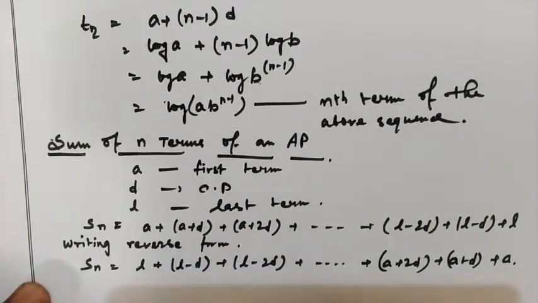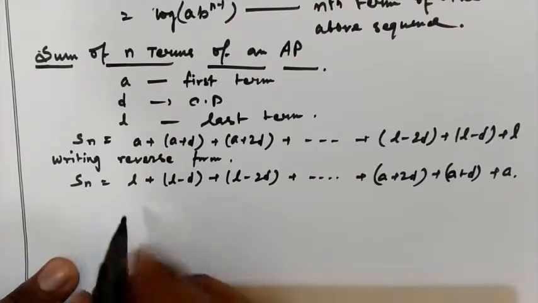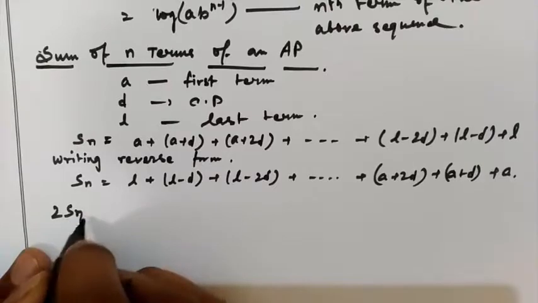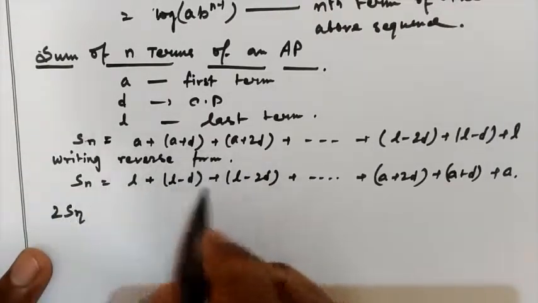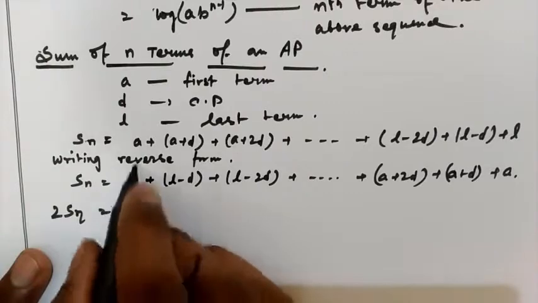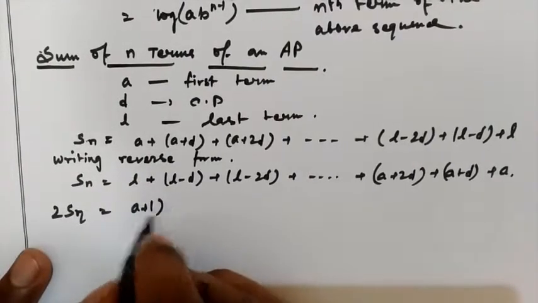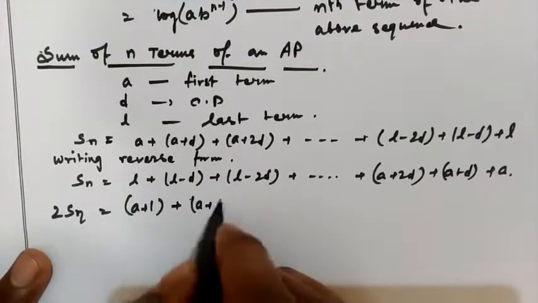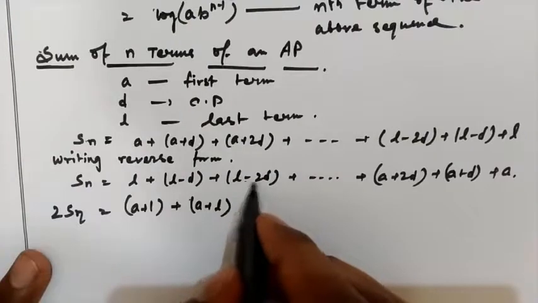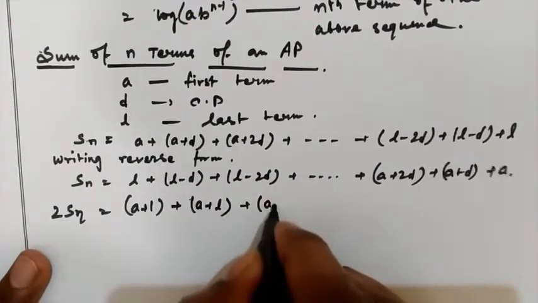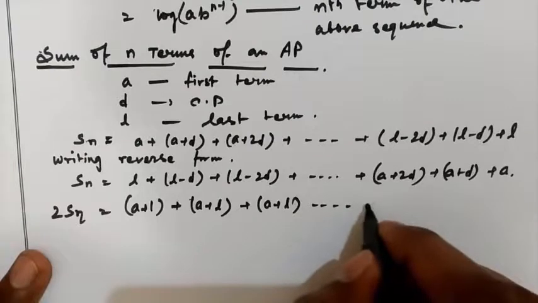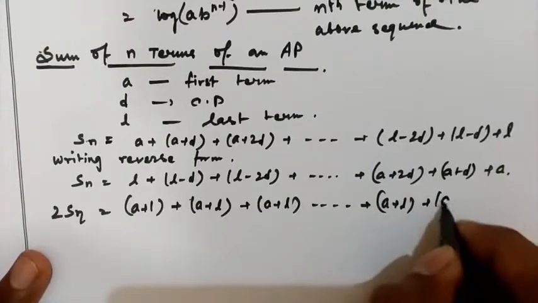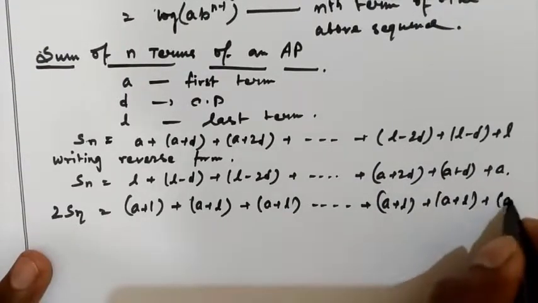I've just written it in reverse direction. So if we add these two, then we'll get 2Sn, adding this and this, is equal to the first term a plus l, plus a plus d and l minus d, that is a plus l. Here also a plus 2d and l minus 2d, that is also a plus l. In the same way, we'll get a plus l again and again.